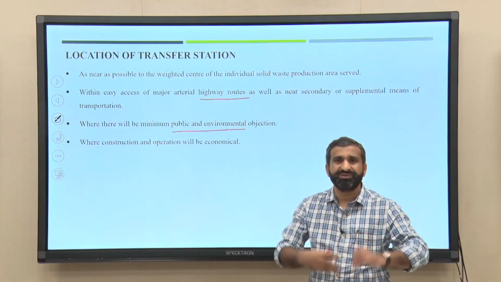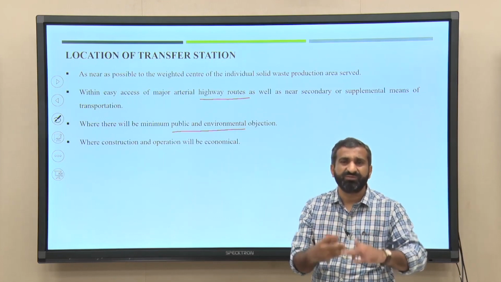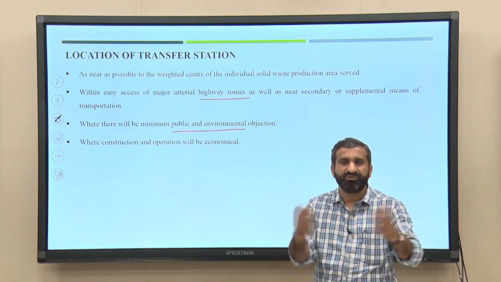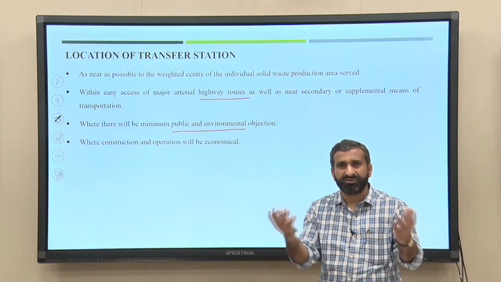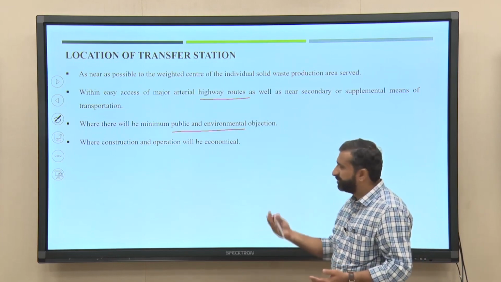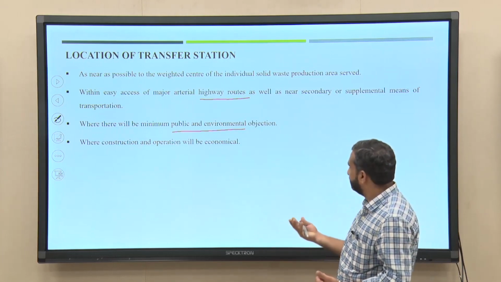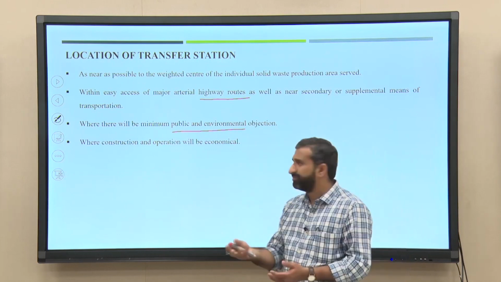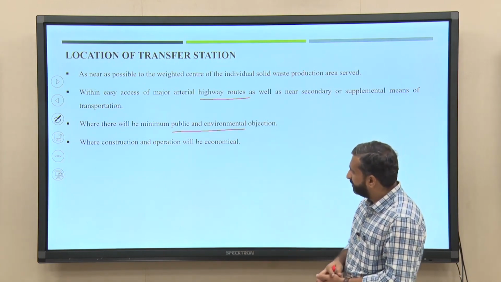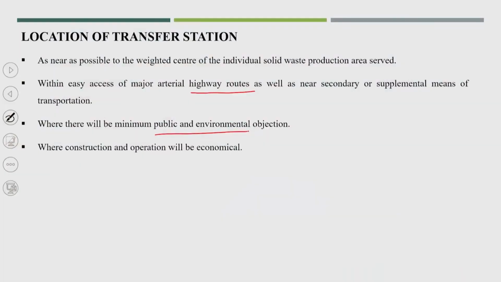Even environmental objections will not come up, because there is no storage. There will not be any leachate production or odor production in such cases. Because of that, I think we will not get much objection to the transfer station, and the construction and operation will be economical.